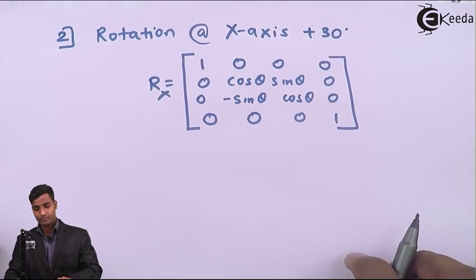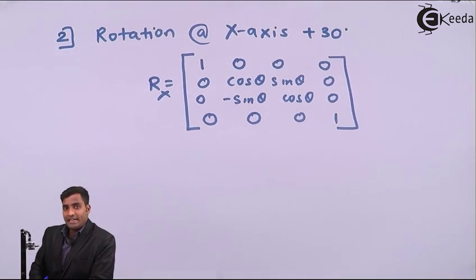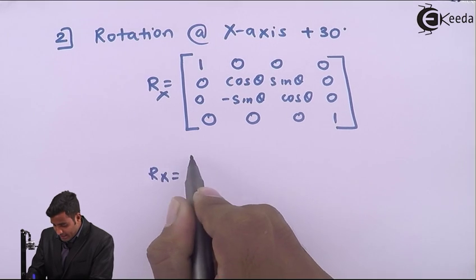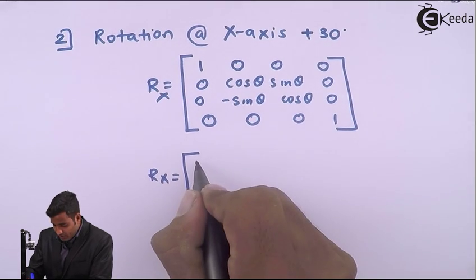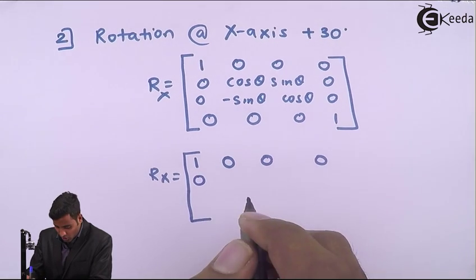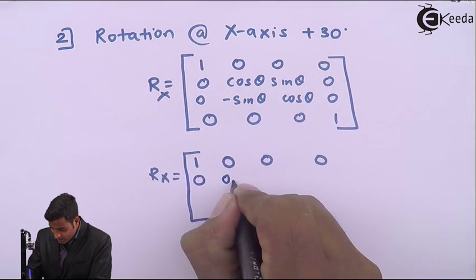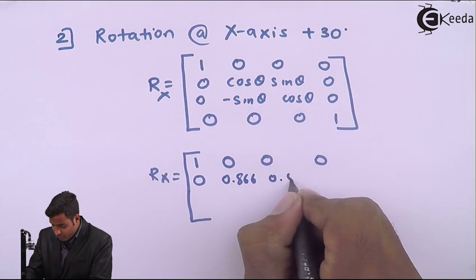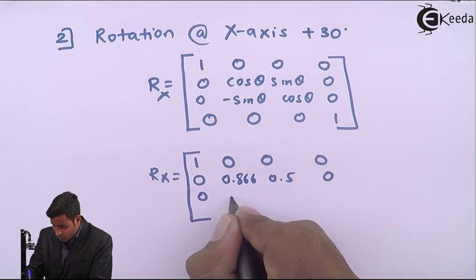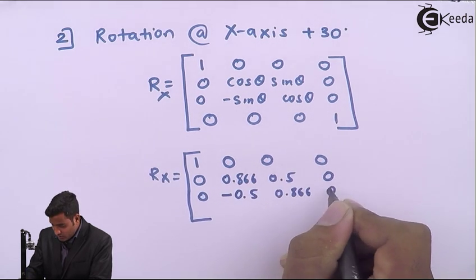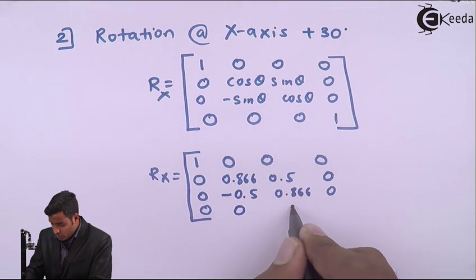Now we know the value of theta is 30 degrees, so I will replace theta with 30 degrees. Then the matrix will become 1 0 0 0, 0 cos 30 which is 0.866, sin 30 which is 0.5, so minus 0.5, 0.866, 0, 0 0 0 1.